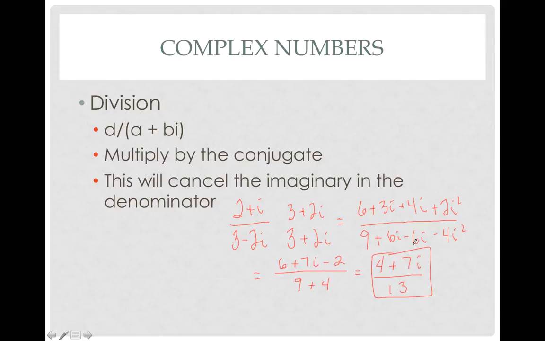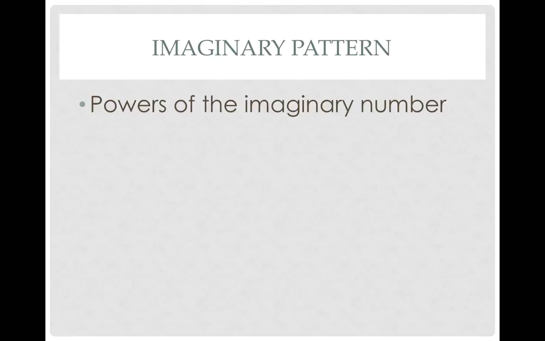All right, so the last thing that I want us to pick out here is the pattern that occurs with the imaginary numbers. If you were to look at the powers of an imaginary number, i to the first power is equal to i.